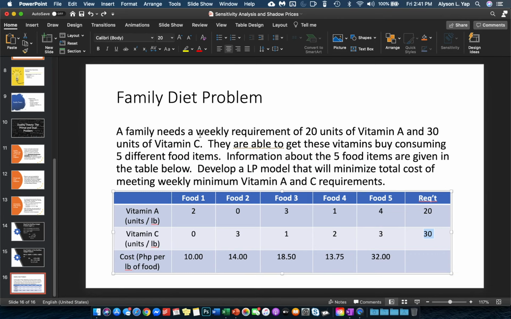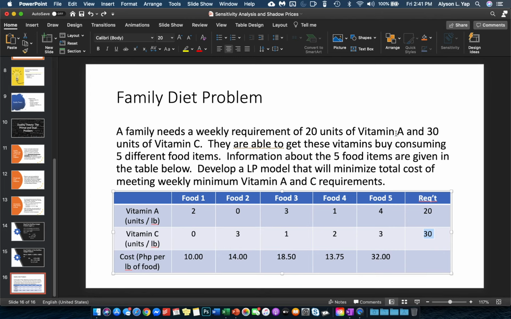No? Now, let's say a pharmaceutical company knows that this particular family needs 20 units of vitamin A and 30 units of vitamin C weekly. And let us say that this pharmaceutical company is able to produce vitamin A and vitamin C capsules. No?